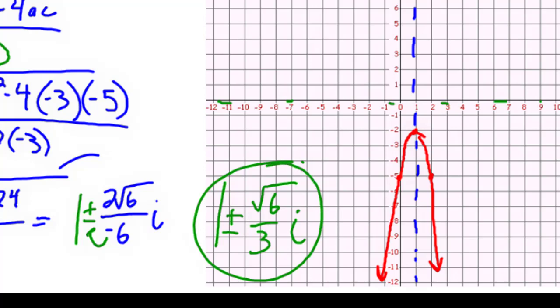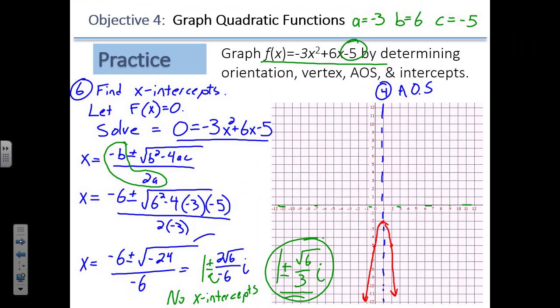There's our solutions, but those are imaginary, which tells us it never does cross the x-axis. We can't plot that. And so we can conclude here that there are no x-intercepts, both because we got imaginary solutions, and because the graph clearly shows that the parabola never hits the x-axis.